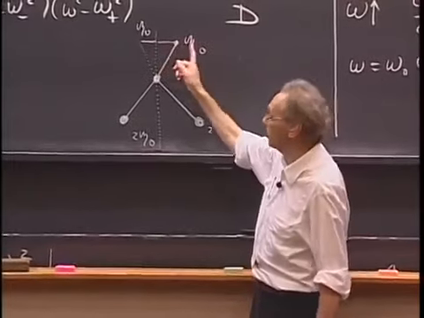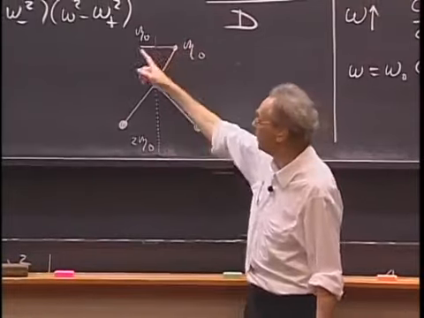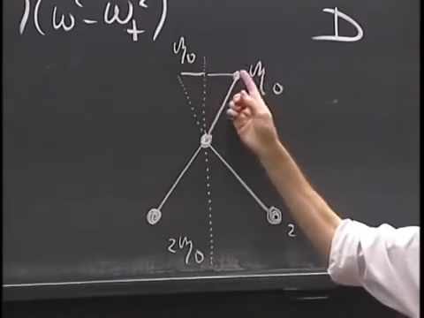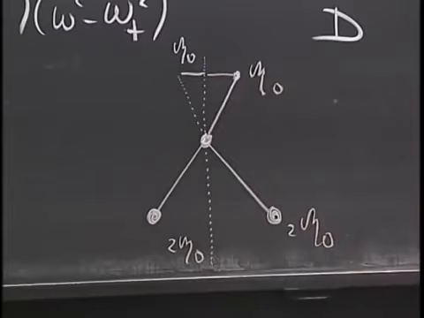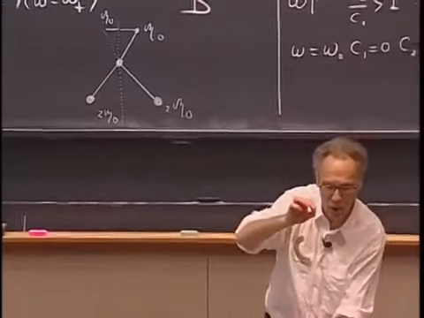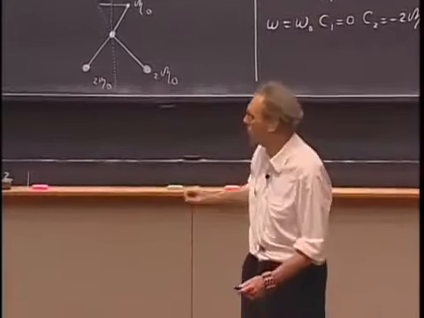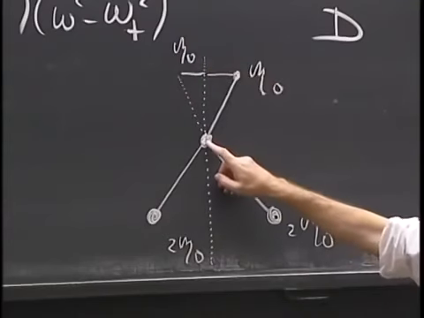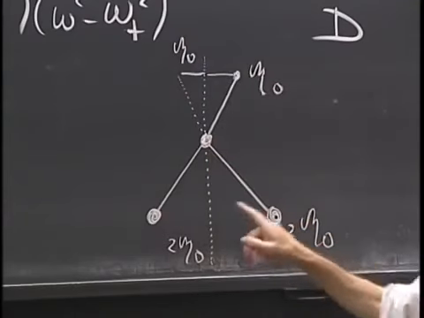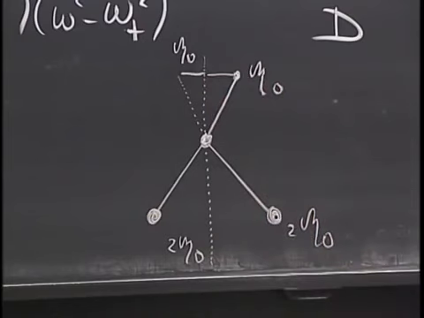I have to keep moving this, otherwise this will go to pieces. I must keep doing this all the time at that frequency, which is exactly the resonance frequency of a single pendulum. It is that omega 0. I must keep doing this, and this one does nothing, and this one has double the swing of this and is out of phase.